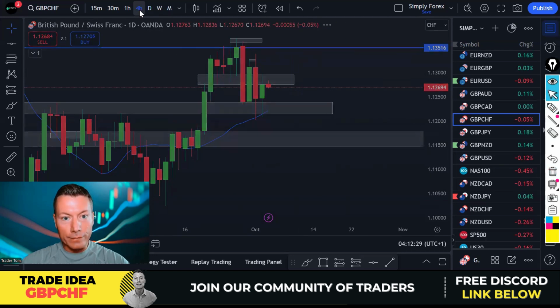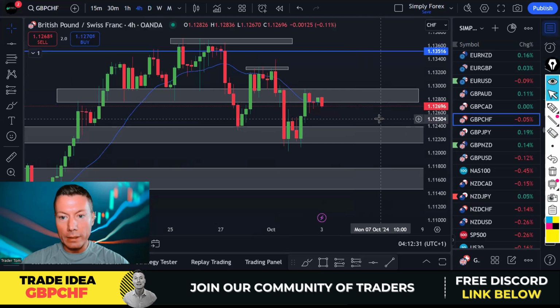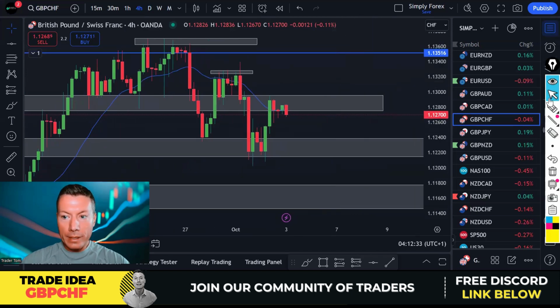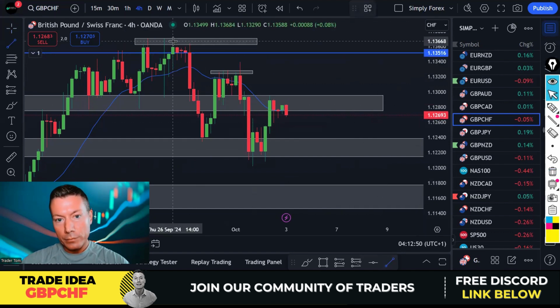If we drop to the H4 so we can understand the entry, this is clearly a key level for Pound Swiss franc. It was once support, and now it's become resistance. You could even draw a trend line in here as well.